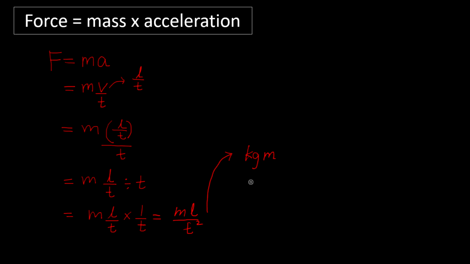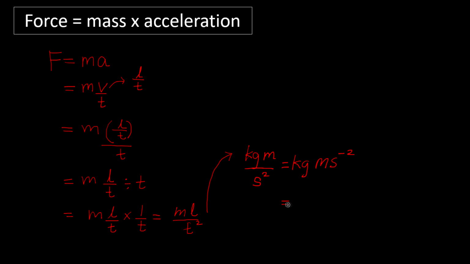And then T square is time, so divide by T square. Time is in second, second square. Now you can bring s square up, so it becomes kg m s negative 2. So this is the SI unit for force, kg m s negative 2.